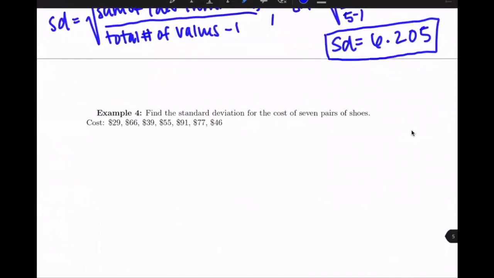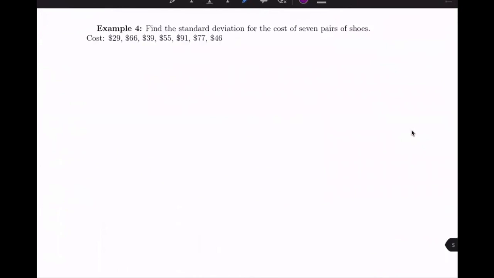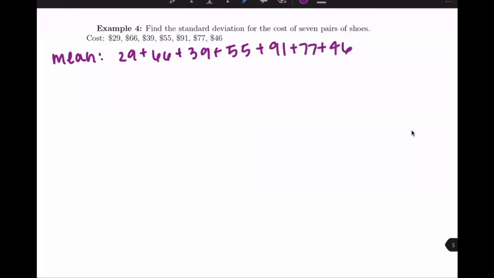Let's do another example of the same problem. All right, so the first thing that we are going to do is find the mean. So I got 57.57.